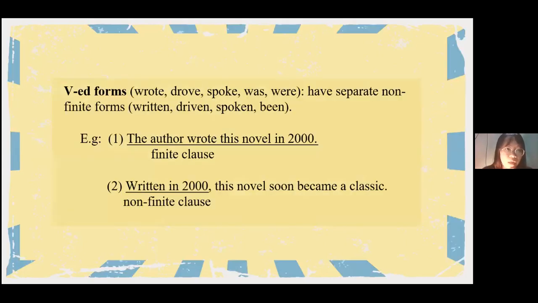The third one is verb -ed forms. Some verbs with irregular finites, such as wrote, threw, spoke, also have separate non-finite forms, such as written, driven, spoken, or been. The example here: first, the author wrote these novels in the 2000s.